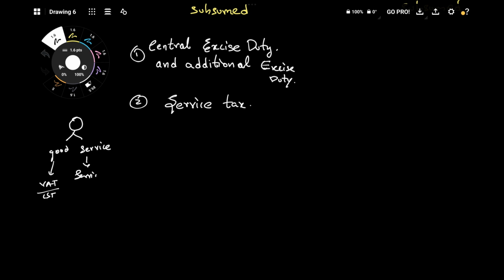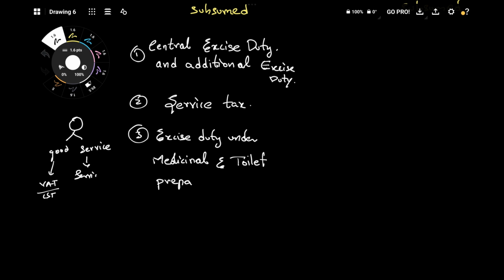Okay, yeah, service tax. So third one, excise duty. There is some special excise duty on these products. Excise duty under the Medicinal and Toilet Preparation Act.